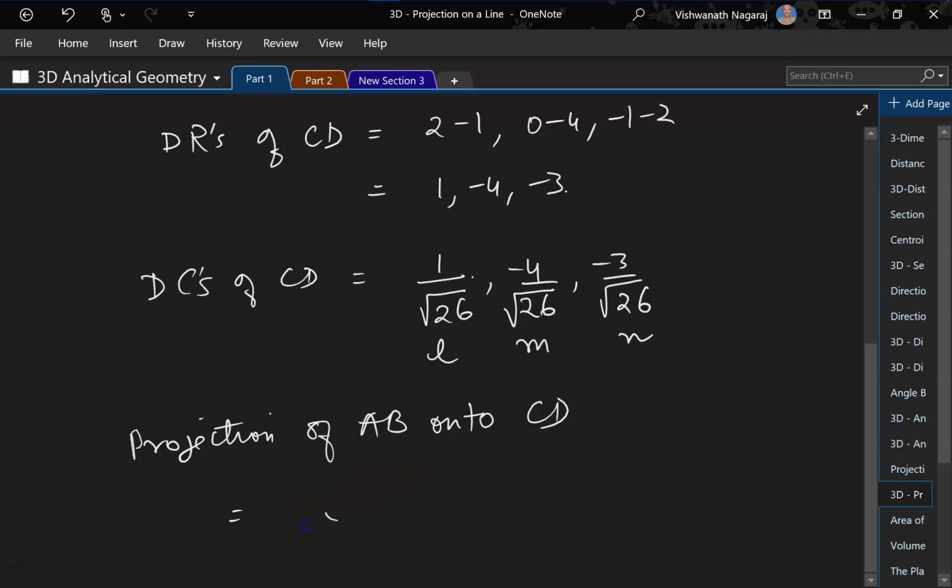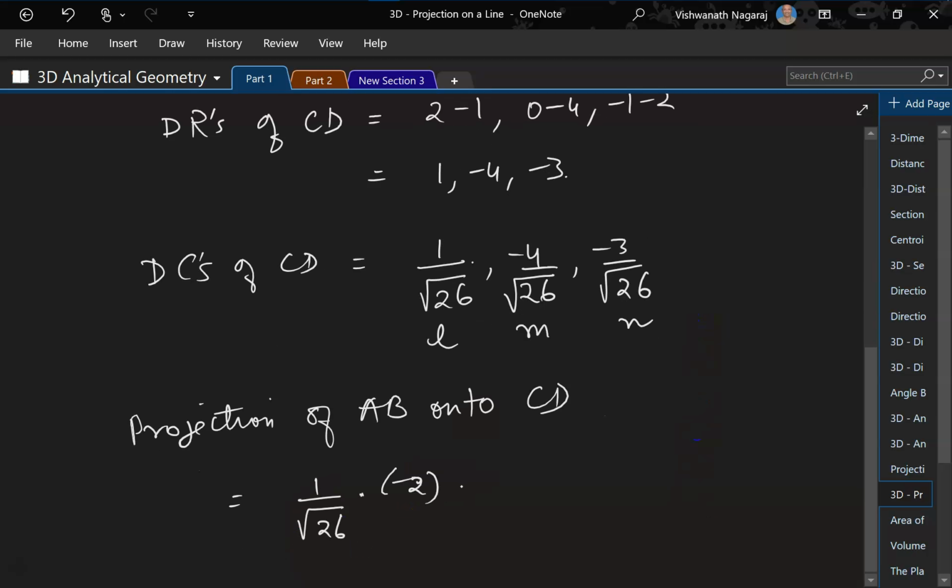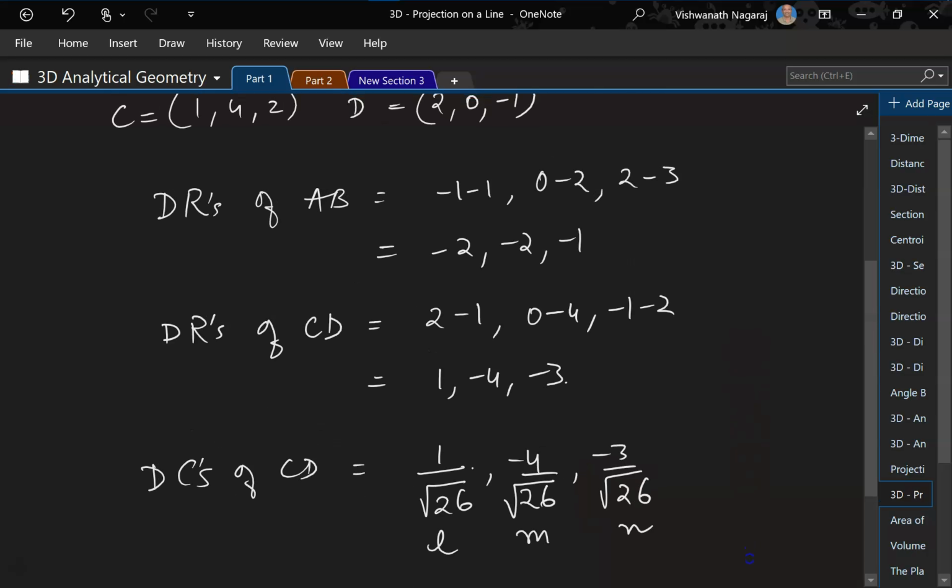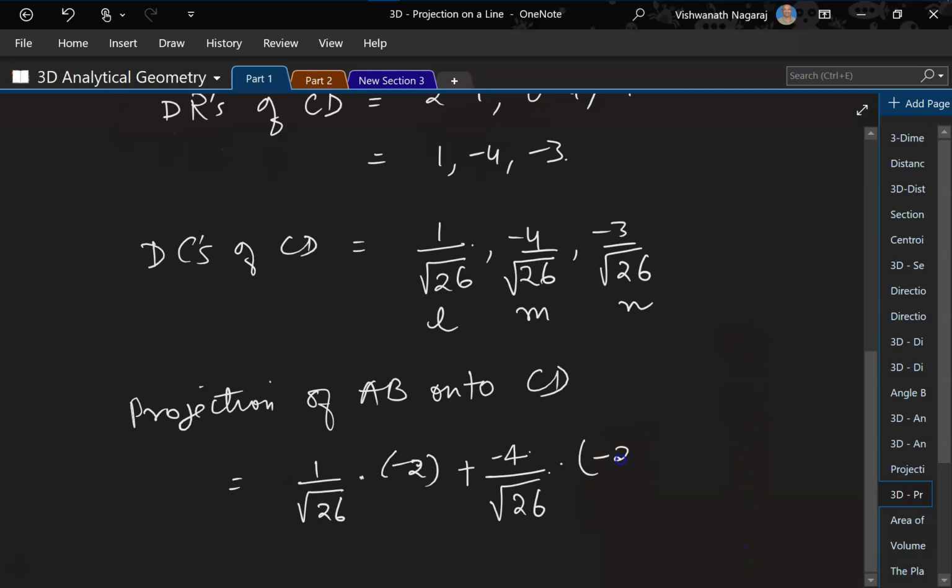So let me directly write it. 1 by root 26 times minus 2, plus M, which is minus 4 by root 26 times minus 2 again, plus minus 3 by root 26 times minus 1.